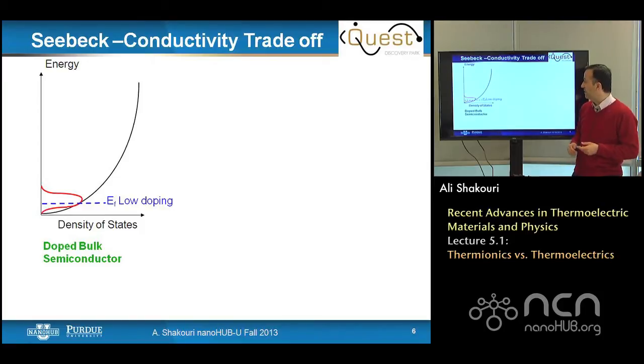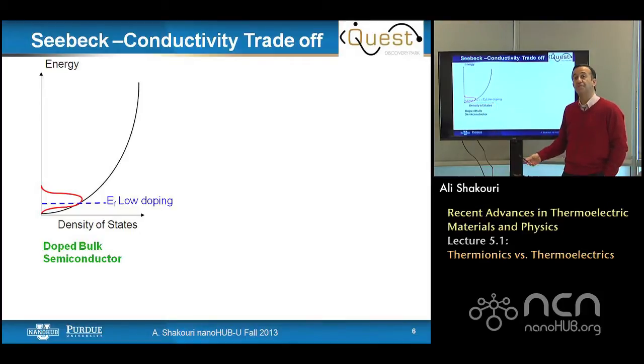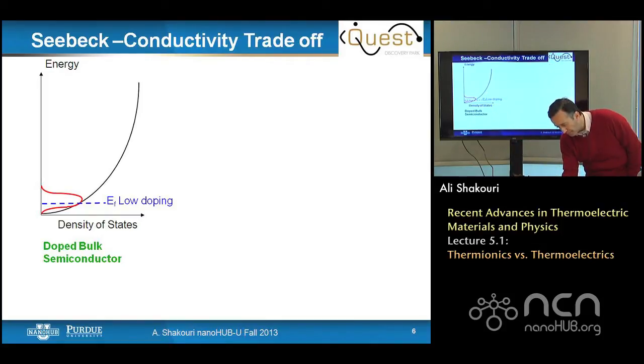If I have a material at low enough doping so that the Fermi energy is near the band edge, by just looking at the curvature of this curve, you can see the number of electrons with energy above the Fermi is significantly more than the number of electrons with energy below the Fermi. As a result, within the Fermi window factor, the average energy of the moving electrons is different from the Fermi energy and is given by basically a slope of the density of states.